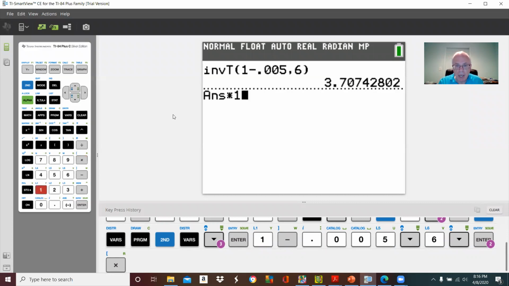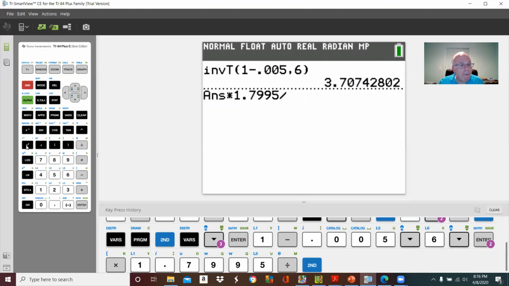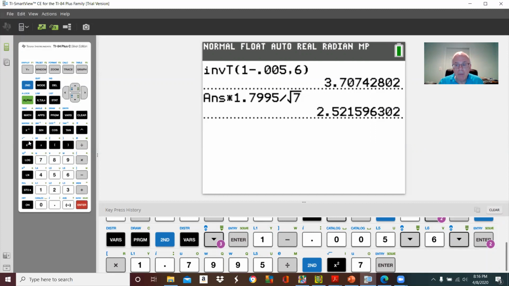So it was actually 1.7995 for the standard deviation. And then I divided by the square root of 7. Hit enter. And that is our margin of error.